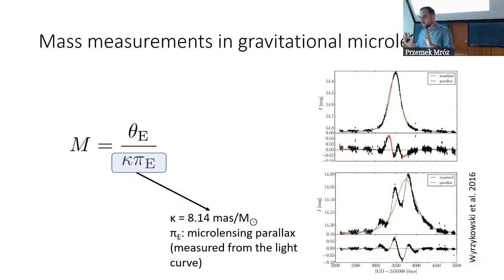You can measure the microlensing parallax from the light curve. It can be observed as a modulation in the light curve caused by the orbital motion of the Earth around the Sun. So usually we can do that, and at least for the long time scale microlensing events, we can measure the parallaxes precisely.